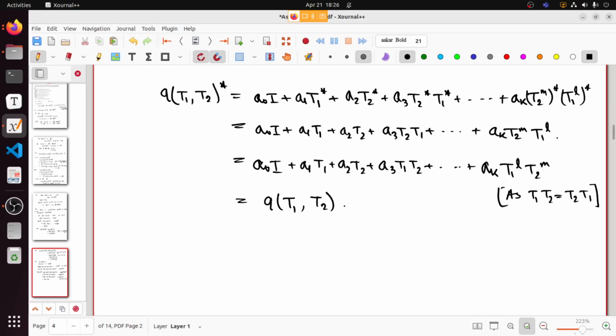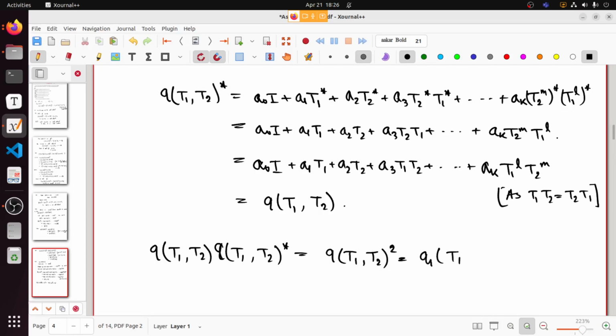So then what will happen? q(T1, T2) star times q(T1, T2) is the same as q(T1, T2) times q(T1, T2) star, since these two are the same. Yes, this is normal, right?